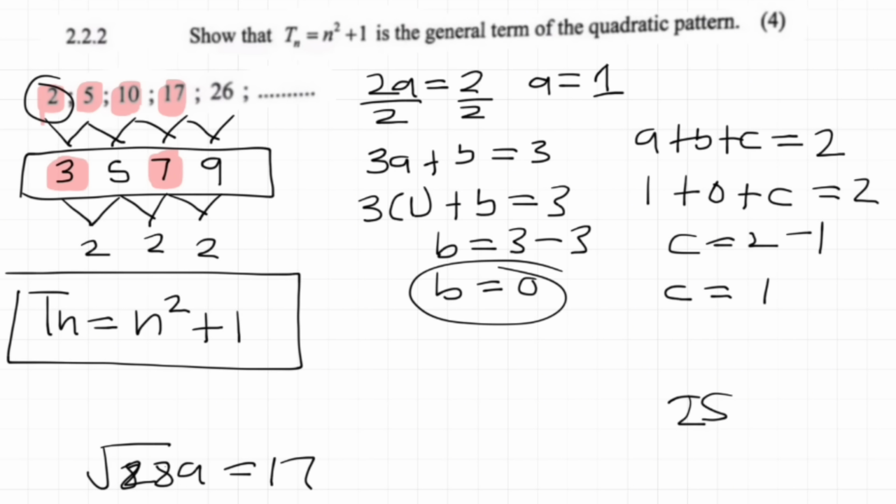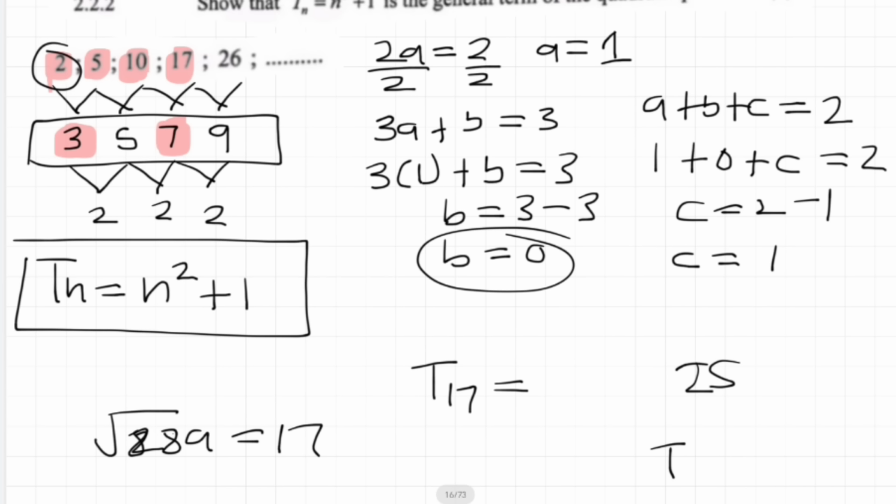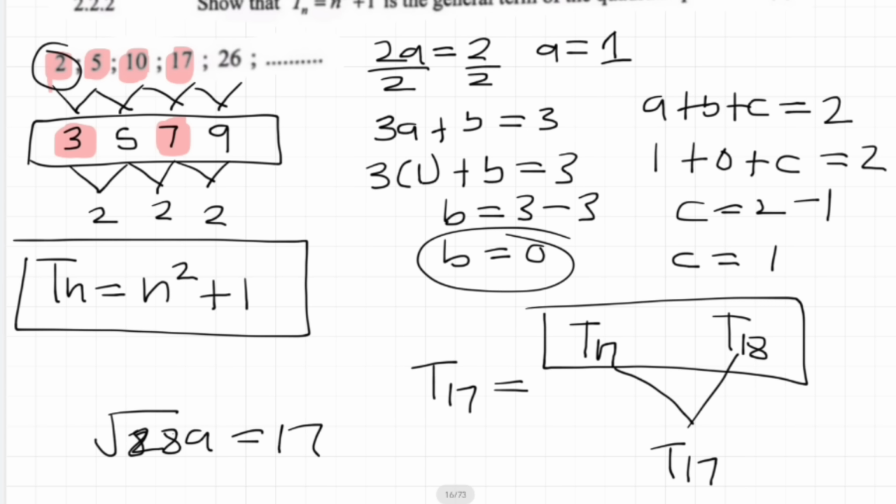If, let's say for example, 25 is term number 17, so we know that T17 of the arithmetic pattern at the top is going to be formed by term number 17 and term number 18 of the quadratic pattern. Hence I'm showing you this. To achieve this, we take term number 2 and term number 1 to get term number 1 there.